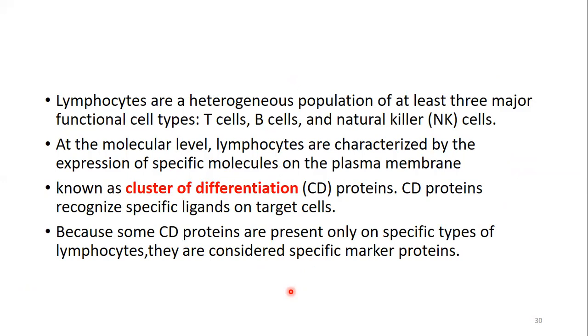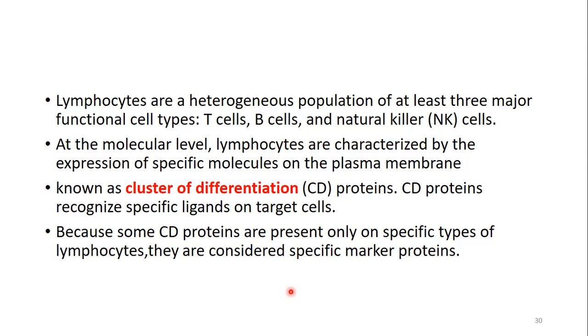Now, T lymphocytes are produced in small populations. Those populations, we call them clusters. It's more like intakes in colleges or universities: you may have a January intake, you may have a July intake. In lymphocytes, we call them clusters of differentiation.